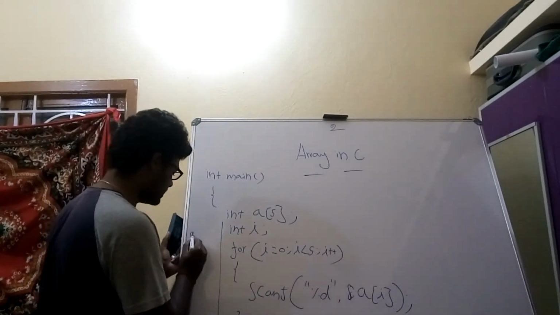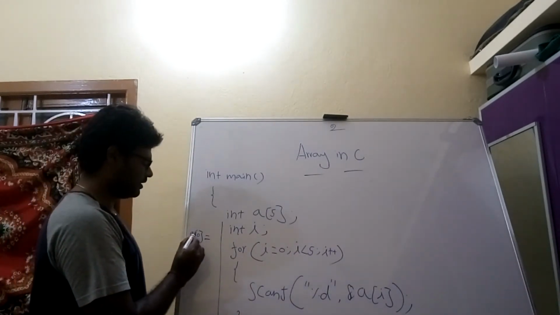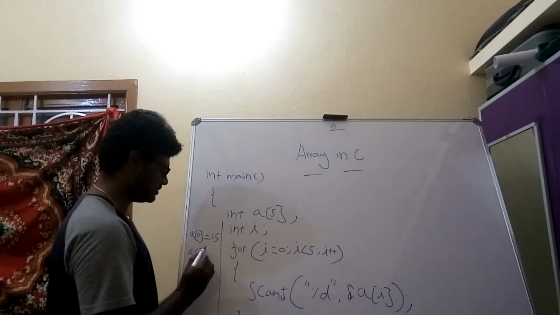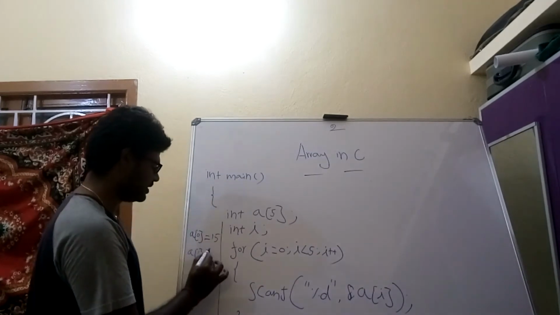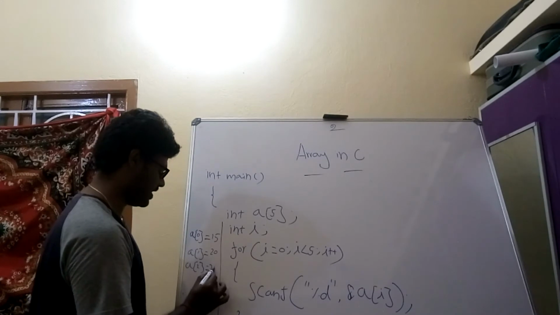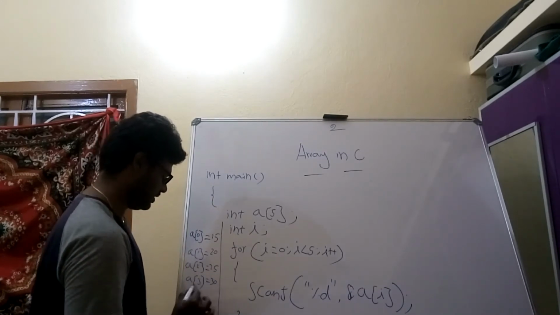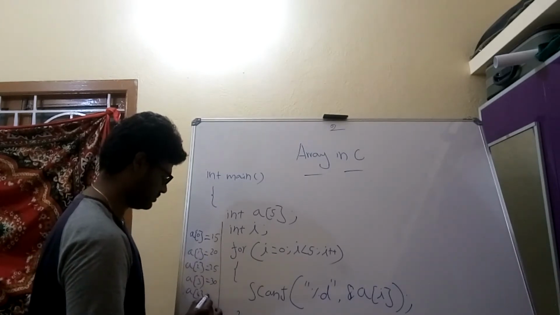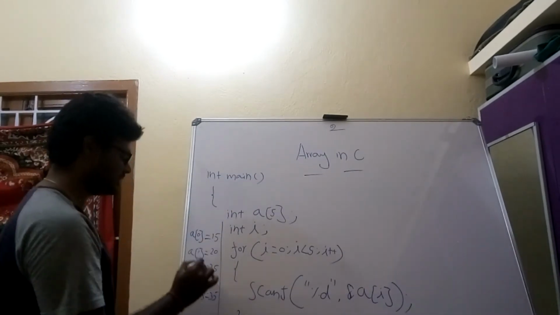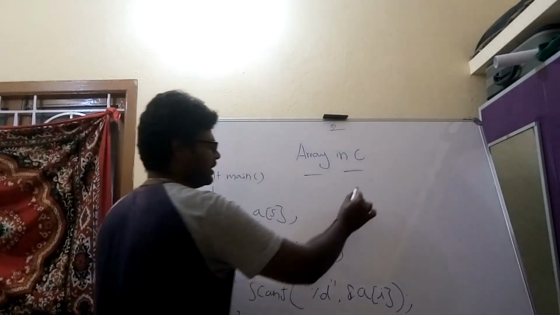Suppose the user gives the data like this, this is just an example: the value 15 for a[0], 20 for a[1], 25 for a[2], 30 for a[3], 35 for a[4].